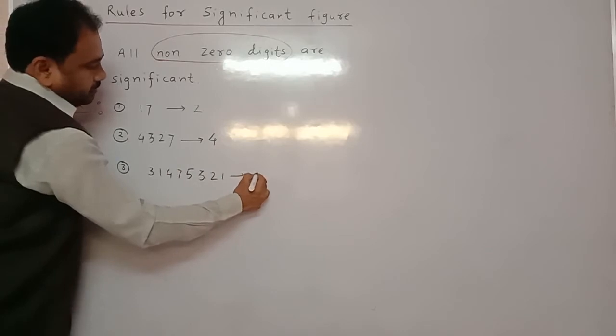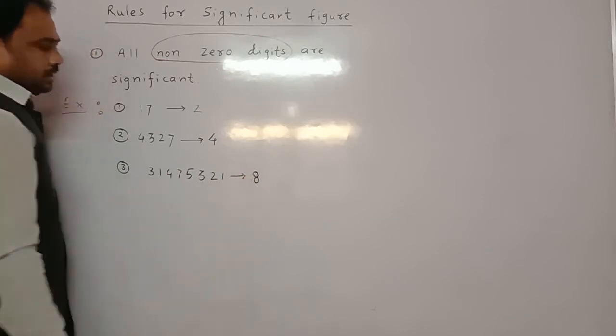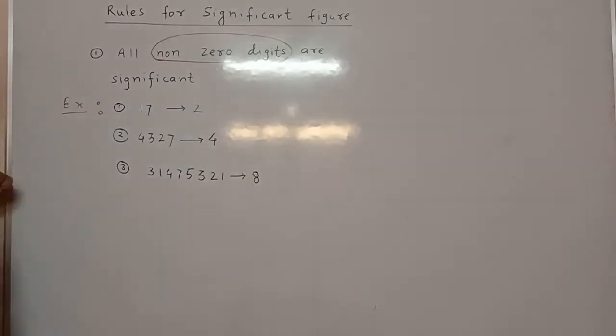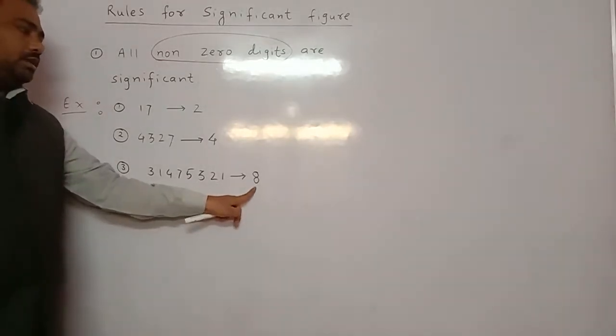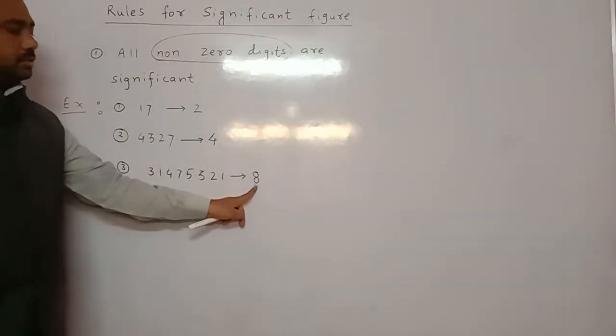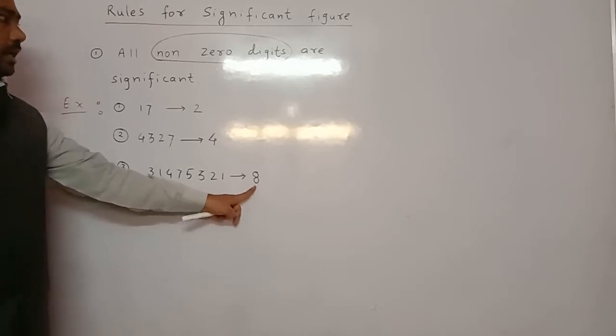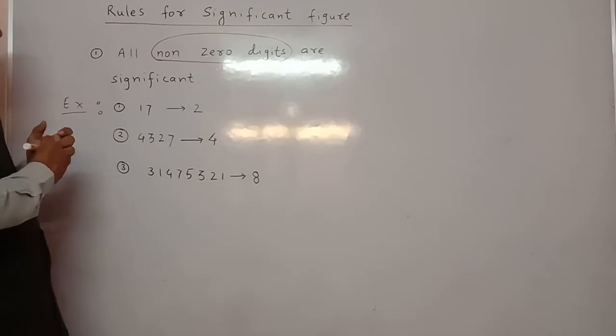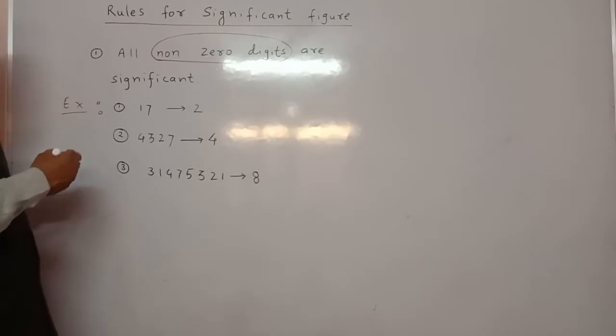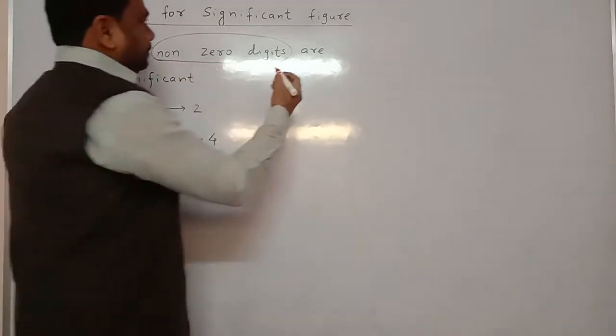You just have to count the digits in the given numbers and write down that total. So total digits are 8. So 8 is the significant figures. So this is the first rule, and in this first rule all non-zero digits are significant.